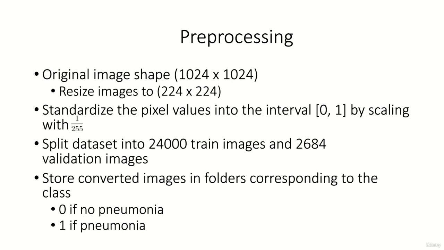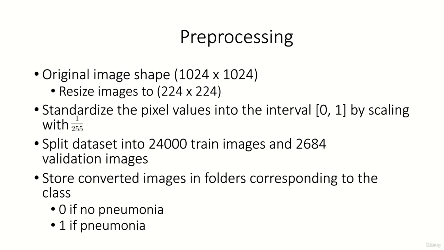Next, we standardize all pixel values into the 0-1 interval by scaling them with a constant factor of 1 divided by 255. Or in other words, we multiply all pixels in all images with this constant.